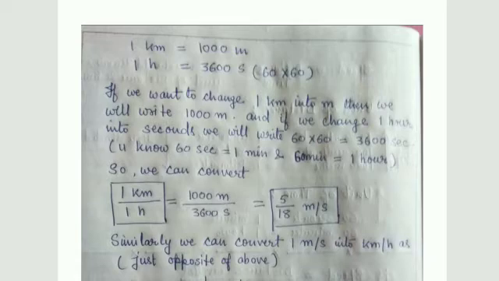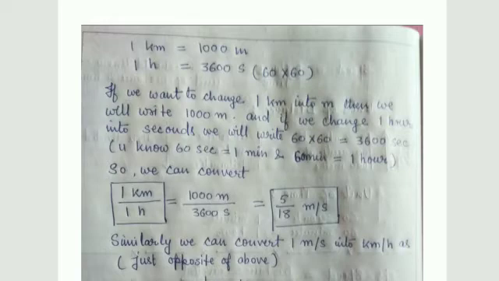You all know 60 second is equal to 1 minute and 60 minute is equal to 1 hour. So 1 hour is equal to 60 into 60 is equal to 3600 seconds. So we can convert 1 kilometer per hour is equal to 1000 meter divided by 3600 seconds.